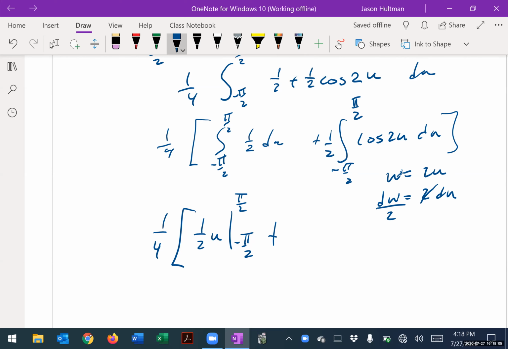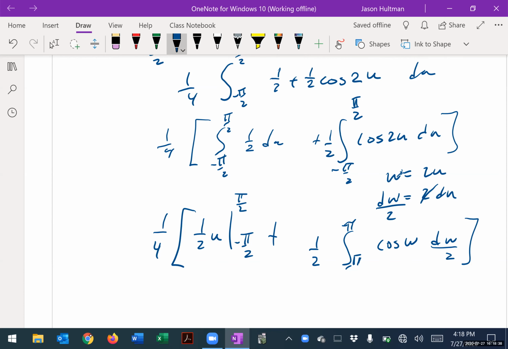This is going to be 1/2 times the integral. We're going to have to change our limits of integration one more time. Multiply both pi over 2 and negative pi over 2 by 2, so again, that just gets rid of the dividing by 2. So this is just pi over negative pi, and then this becomes cosine of w dw over 2.